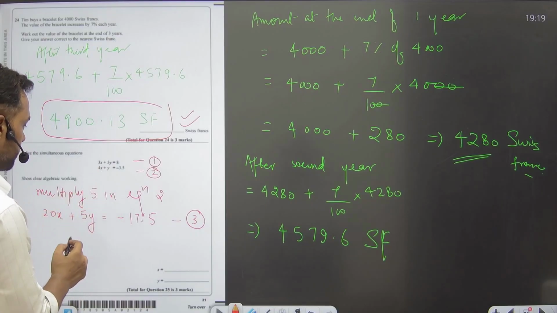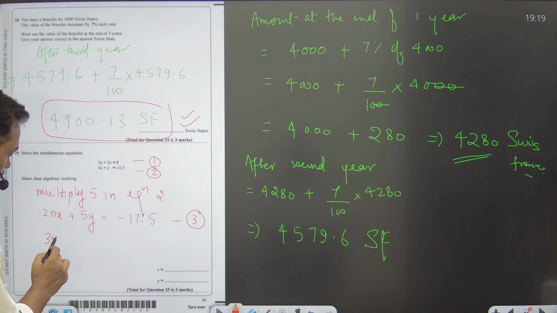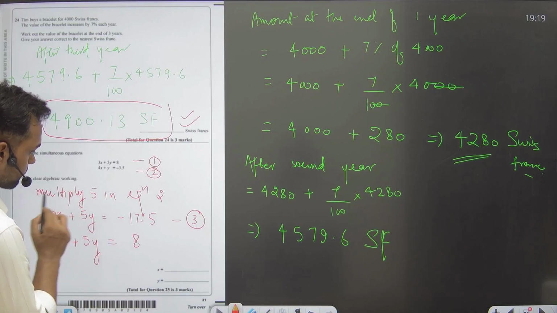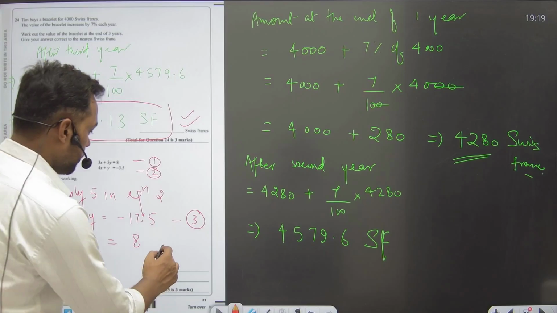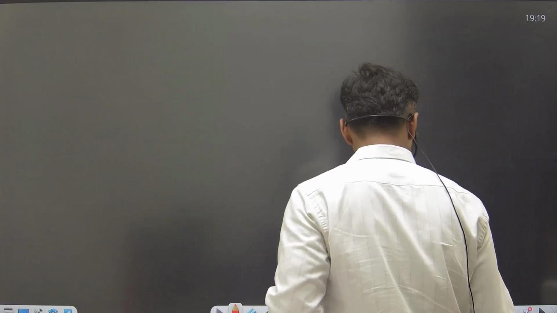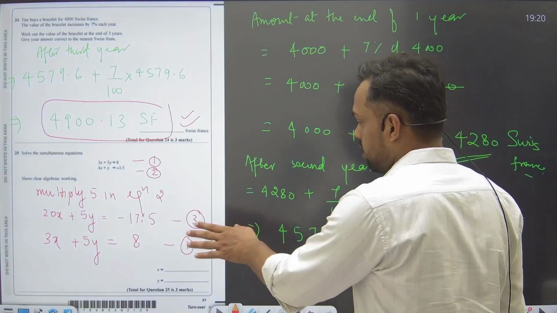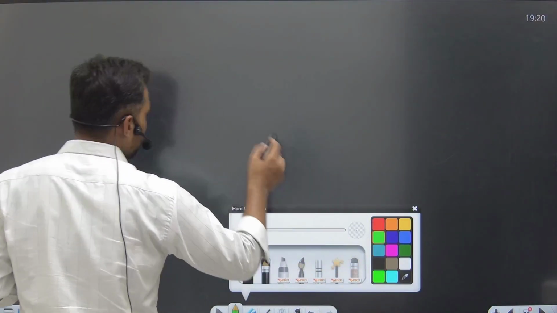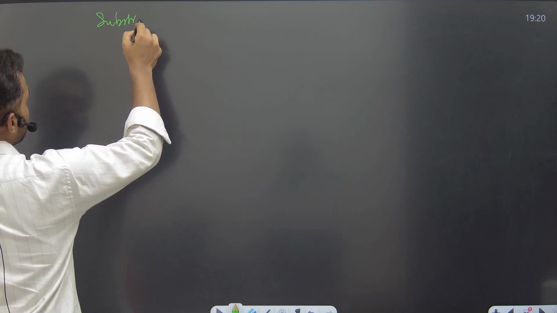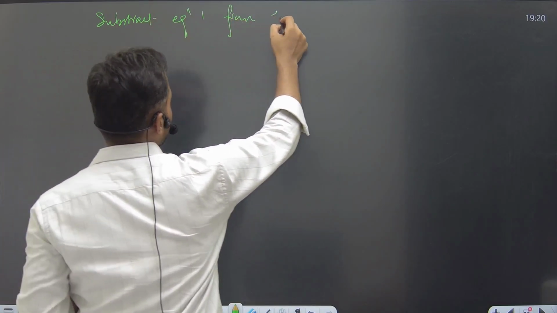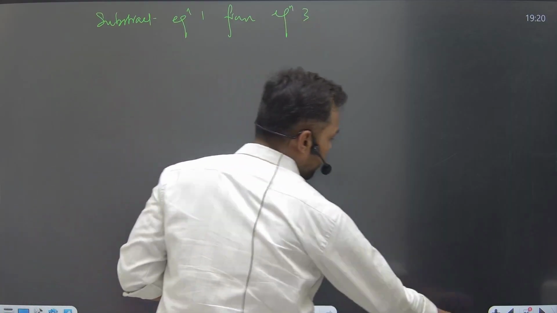Now writing equation number 1, 3x plus 5y equals 8. Okay, this was equation number 1, students. Now what we need to do, we need to subtract equation number 1 from equation number 3. What we'll get?